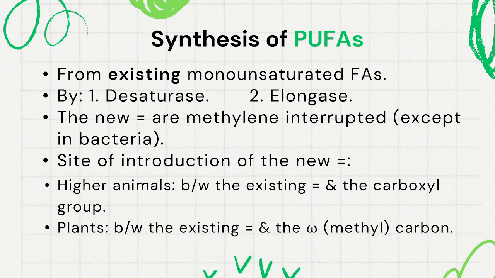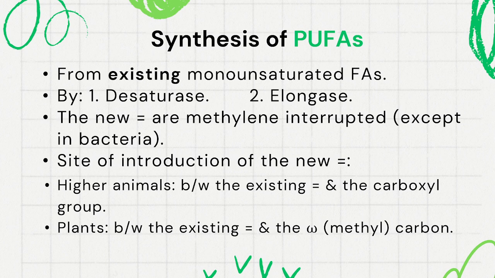How does the body synthesize polyunsaturated fatty acids? It will also use the desaturase in addition to an elongase. The desaturase will introduce the new double bonds. The elongase will elongate the fatty acid by two carbon atoms each time. The new double bonds will be methylene interrupted, with methylene groups in between them.